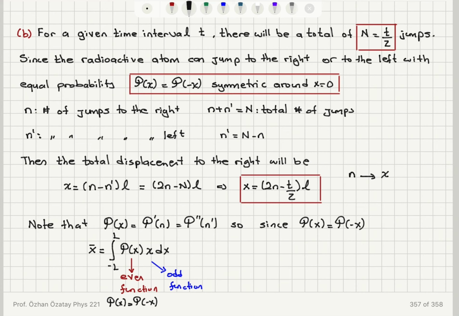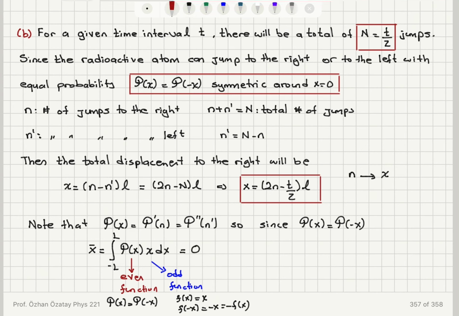Here we have f of x is equal to x, f of minus x is equal to minus x, which is minus f of x. So that's the odd function. You multiply an even function with an odd function and integrate it symmetrically around 0 over all possible values of x, and the integral will give you 0.